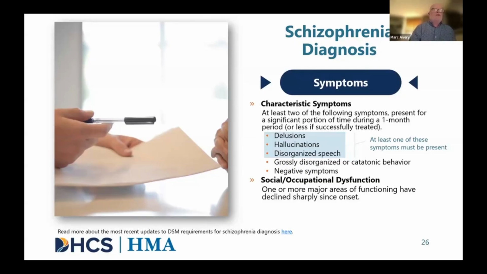And at least one of those symptoms must be the delusions, hallucinations, or disorganized speech. And persons must demonstrate a social or occupational dysfunction. In other words, the experience of these symptoms can't be trivial. They have to have one or more major areas of functioning that have declined because of the experience of these symptoms. There are also specifications about durations, which we're going to discuss next.